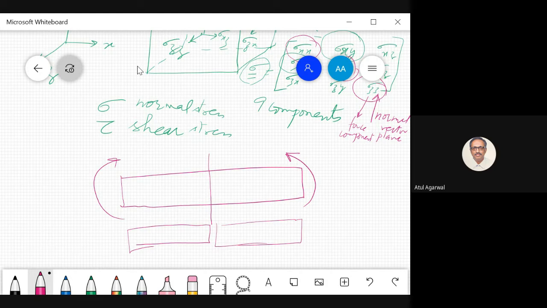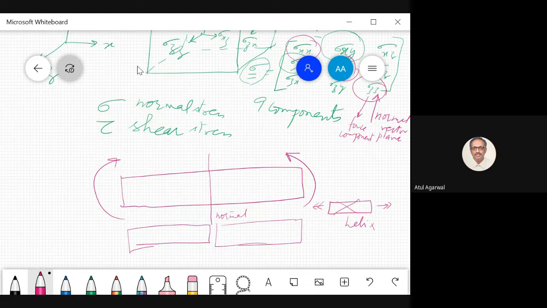Suppose you will try to twist the chalk. You are twisting it. Then it will fail differently. You will find it is failing like this. It will fail along a helix. Why does it happen? Here it is failing because of normal stress. Your maximum normal stress is along this plane.